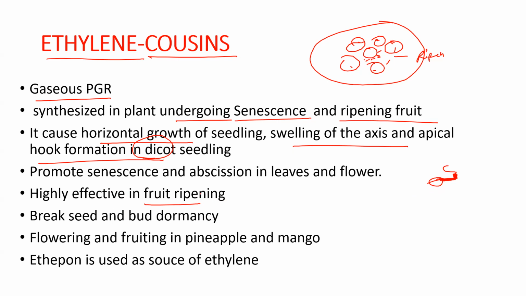So for fruit ripening, spray ethylene and the fruit will ripen. It breaks seed and bud dormancy. It also promotes flowering and fruiting in pineapple and mango. Basically, for flowering and fruiting in pineapple, auxin is used with ethylene. Ethephon is used as a source of ethylene.